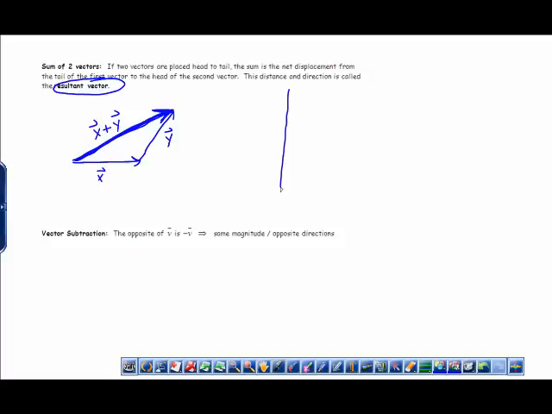Okay, now let's talk about this in the problem we just had. So first we had vector A, which was starting at 0, 0 and ending at 1, 3. Okay, so here's vector A. Next we had vector U, which was 5, 2. So we'd go 1, 2, 3, 4, 5, and then up 2.